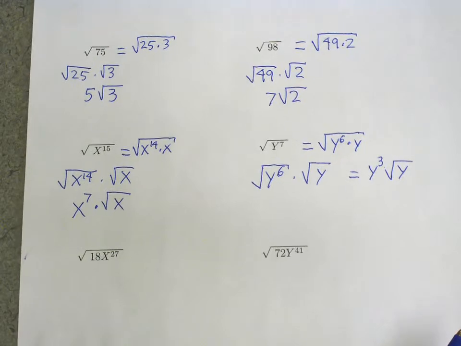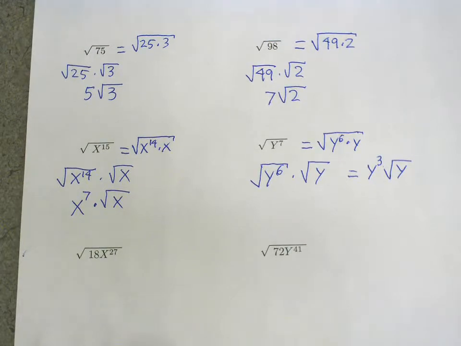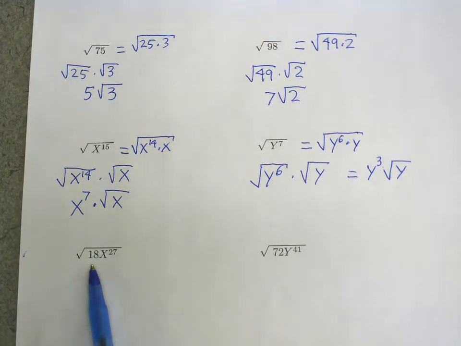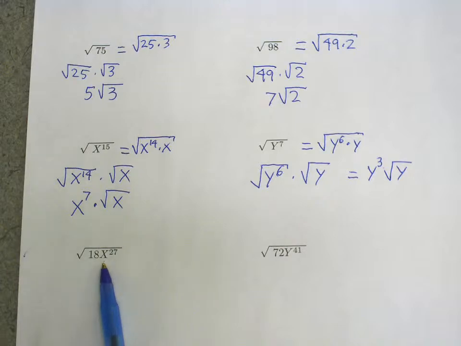Okay, next we'll do a couple of examples that involve numerical factors as well as variable factors. The square root of 18x to the 27th. Well, we do this in pieces. The largest perfect square factor of 18 is 9. 9 times 2 is 18. And the largest perfect square factor of x to the 27th is x to the 26th.